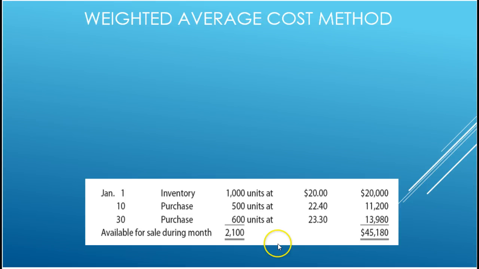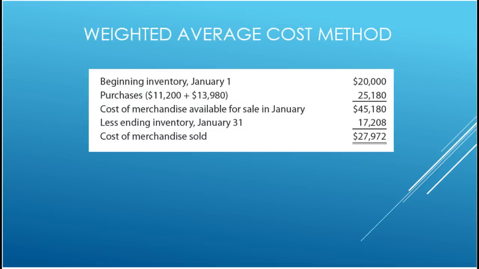As you look at this, we just add up all of the inventory. We have 2,100 units that we bought, and that was a total cost of $45,180. So now what you end up doing is you've got a beginning inventory.